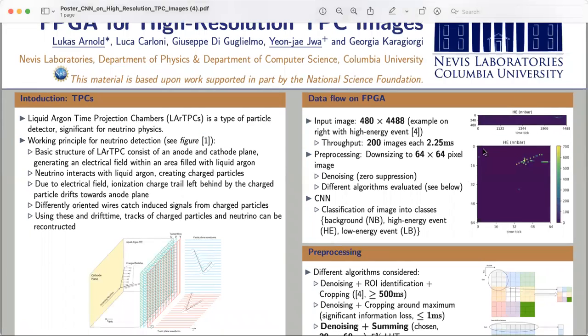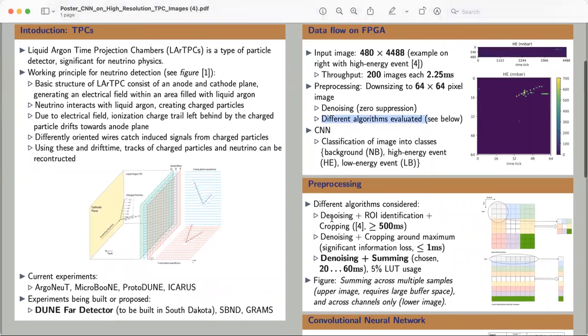So let's say we get this input image of 480 × 4,488. It is too large to handle in the CNN on the FPGA. So the first step we do is downsize it to 64 pixels. The question we ask ourselves is, which algorithm do we use to downsize the image? We came up with multiple solutions.